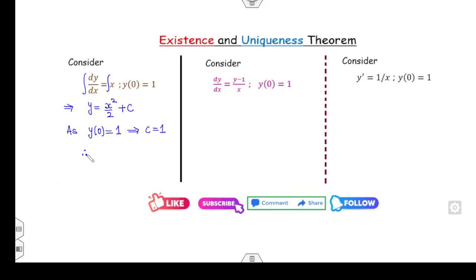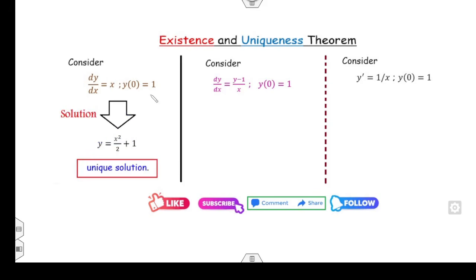So you will get y is equal to x square by 2 plus 1 as the required solution. Now you can see there is no arbitrary constant c involved in the final solution. Therefore, you will get the unique solution, because there is no arbitrary constant involved.